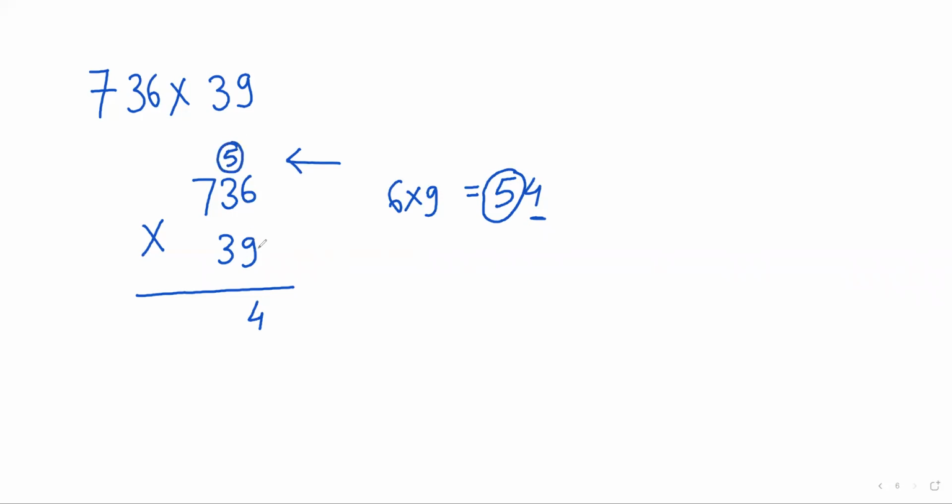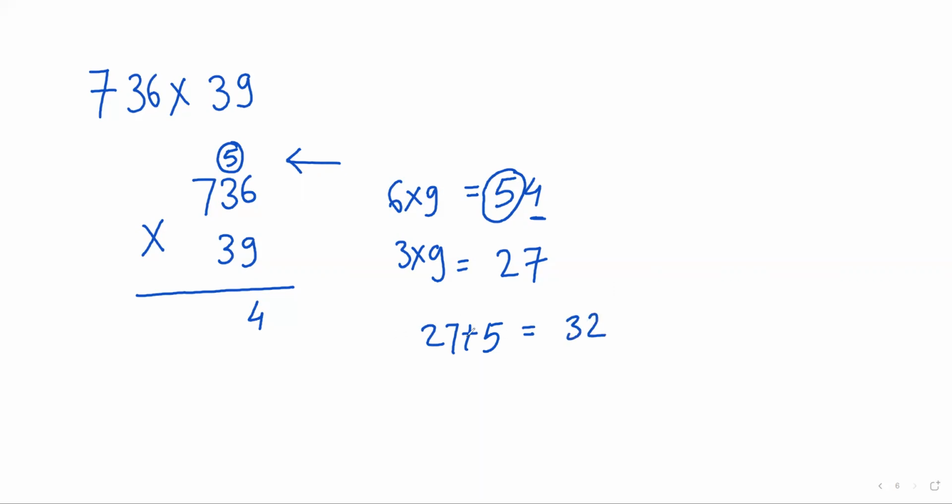Now multiply 3 by 9. Okay, 3 9s are 27. Right, now as there is a carry here, add this carry to 27. 27 plus 5, what will we get? 32.